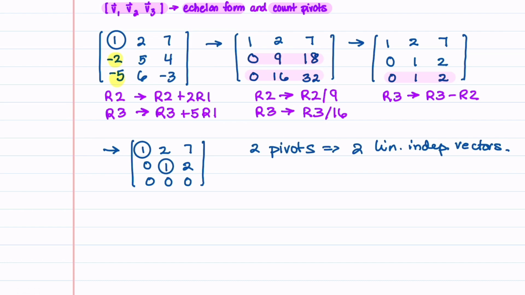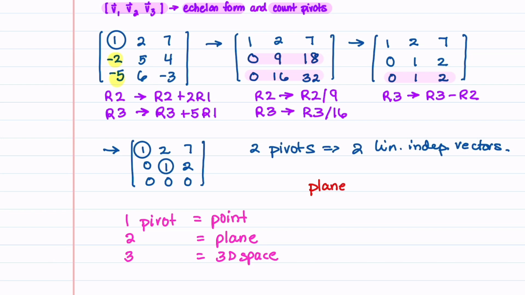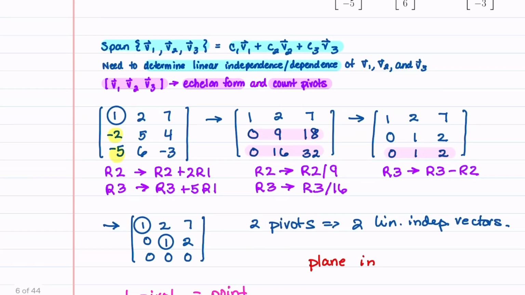Let me just summarize here. If you have 1 pivot, the geometric description is going to be a point. If you have 2 pivots, it's going to be a plane. And if you have 3 pivots, it's going to be what we call 3D space. So our geometric description is going to be a plane in, now we have to go back up.